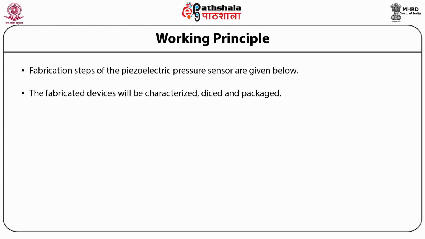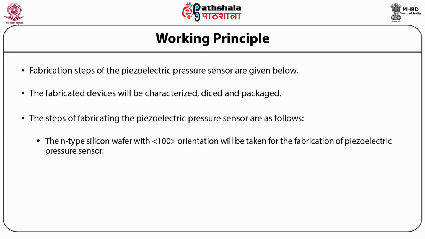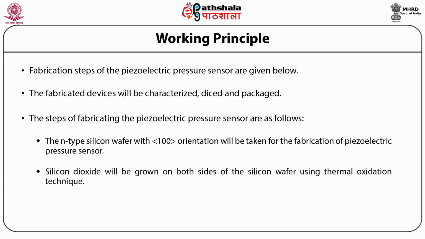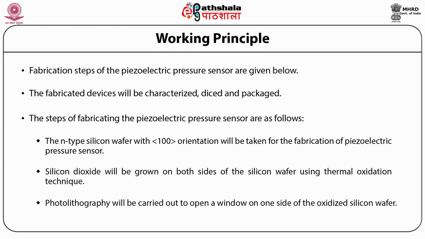The steps for the fabrication are: first, the N-type silicon wafer with 100 orientation will be taken for the fabrication of piezoelectric pressure sensors. The silicon dioxide will be grown on both sides of the silicon wafer using the thermal oxidation technique, and photolithography will be carried out to open a window on one side of the oxidized silicon wafer.